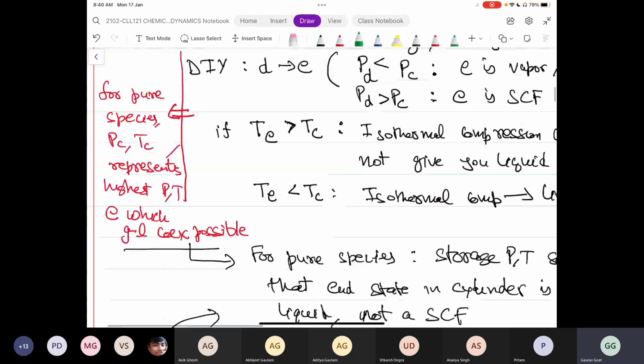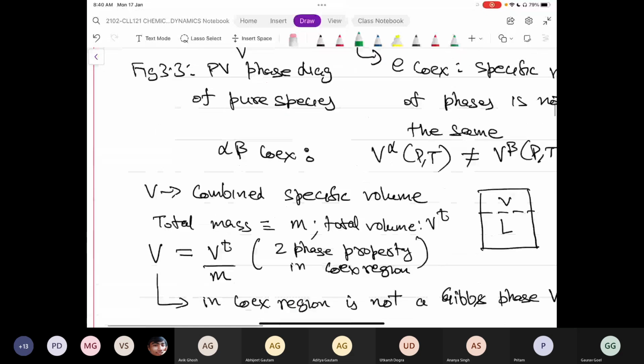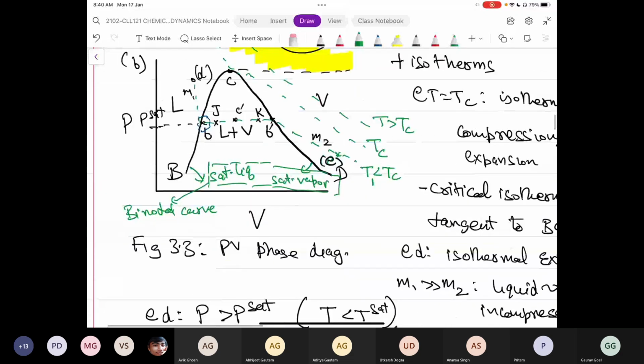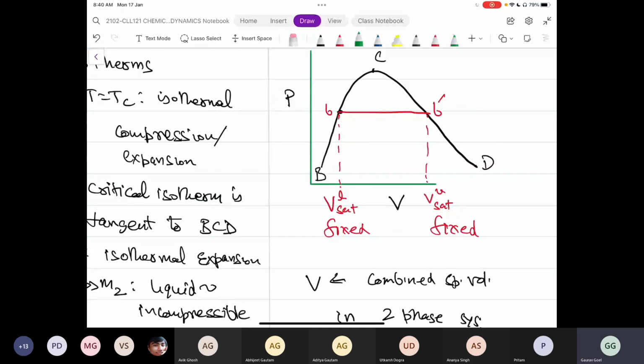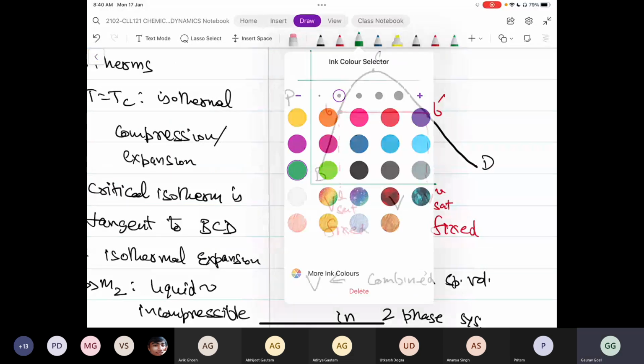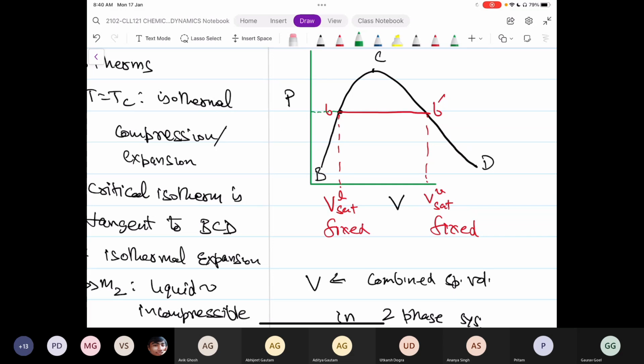Similarly, if you go to PV, like we did here, if I tell you the pressure, you will draw a horizontal line, and from there you will be able to calculate VL sat for the liquid at B. Similarly, the vapor at B prime.